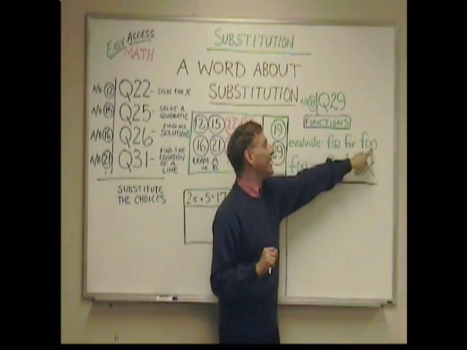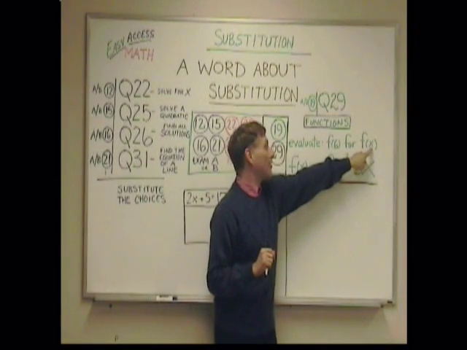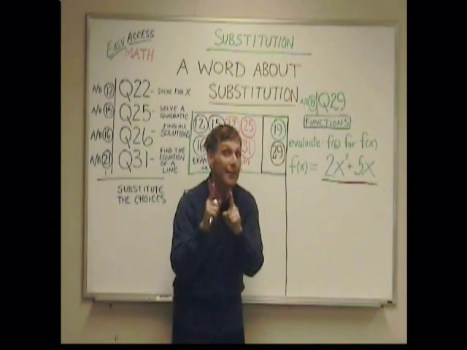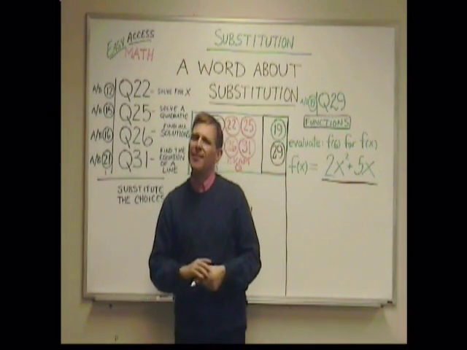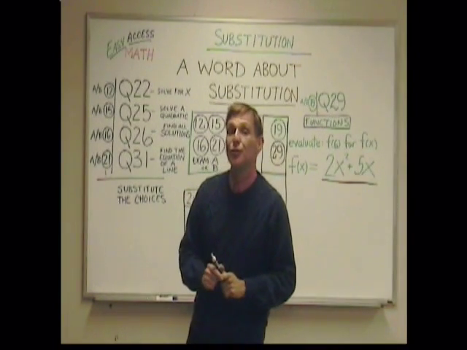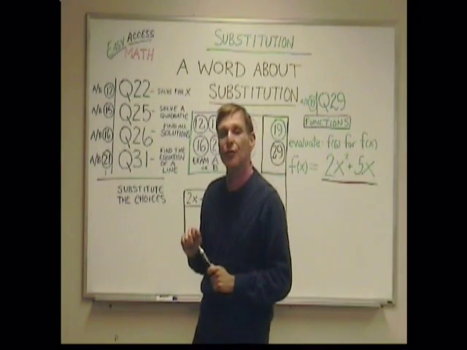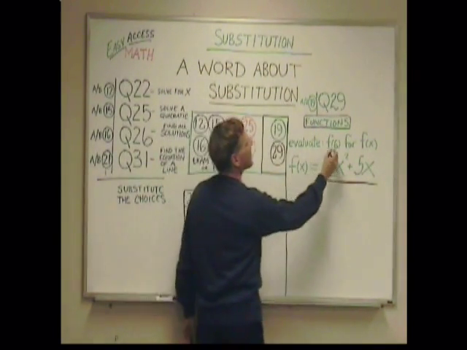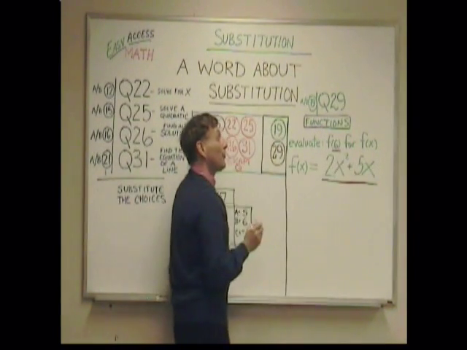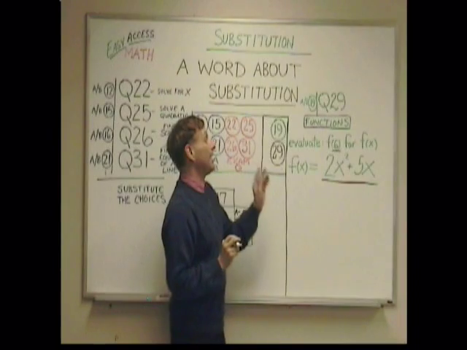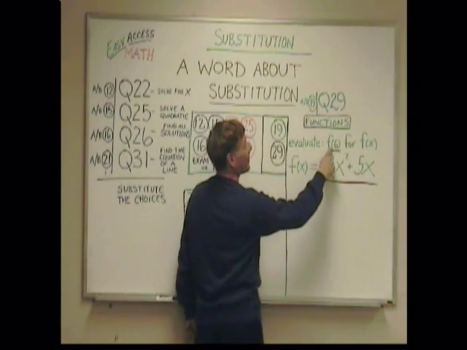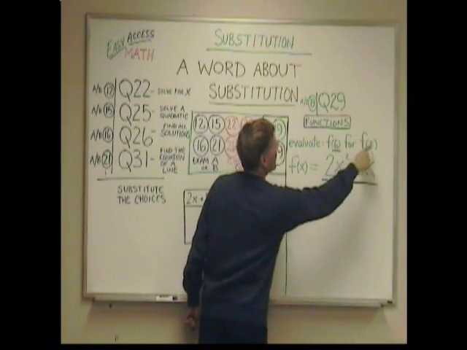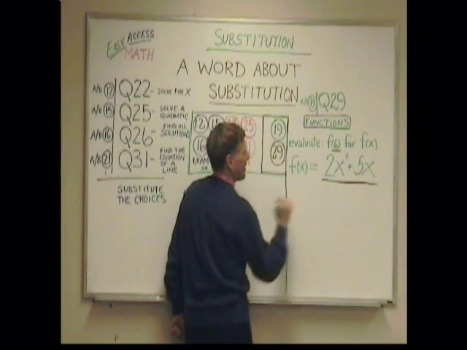So anywhere you see the letter x, you plug in this number, which is given to you, not the choices. So be careful. There are some questions where we're using substitution with the choices, with the answers, but in functions, we are substituting what we're given. So anywhere in the equation I see an x, I'm going to substitute the 6, because it says evaluate f(6) for f(x). Anywhere I see the x, I plug in the 6.